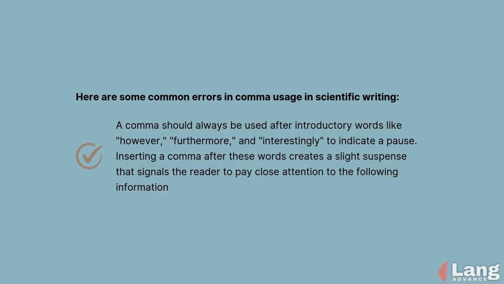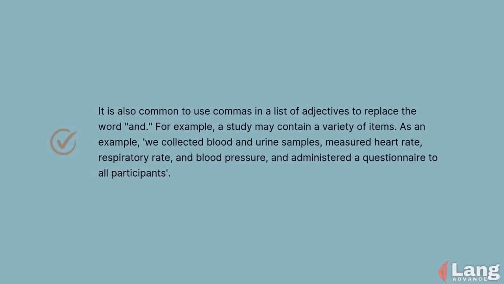A comma should always be used after introductory words like however, furthermore, and interestingly to indicate a pause. Inserting a comma after these words creates a slight suspense that signals the reader to pay close attention to the following information. It is also common to use commas in a list of adjectives to replace the word and.